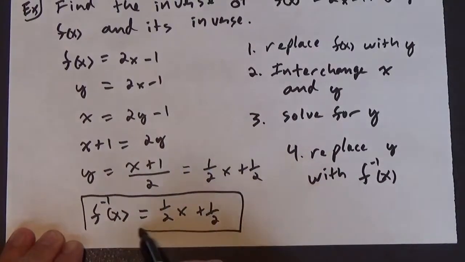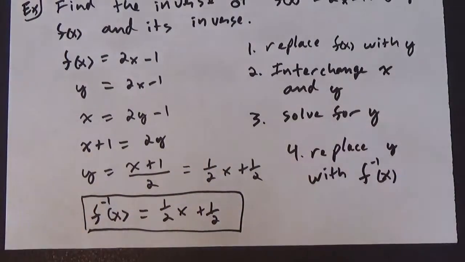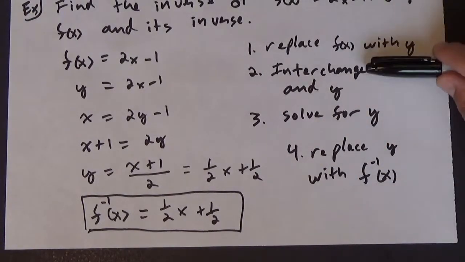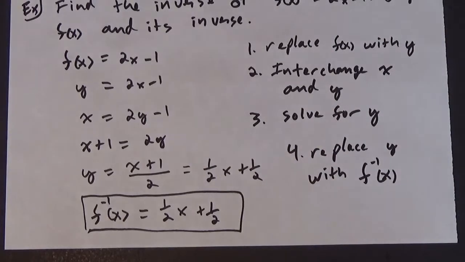And there is our answer. So 4 basic steps. I don't think it's too difficult to remember the steps. But again, if there's going to be a challenging part, it's at this moment where you have to solve for y. Depending on what the equation is, that could be a little bit of algebra that you have to go through.